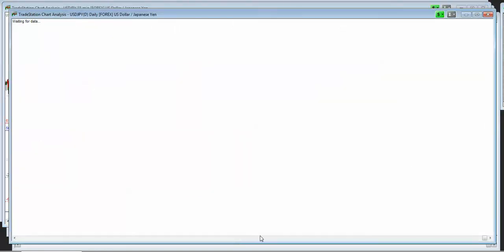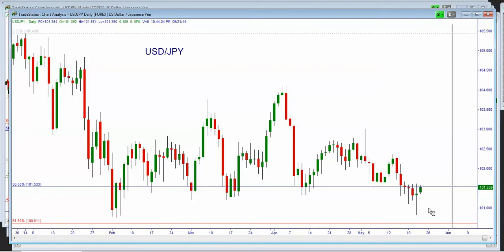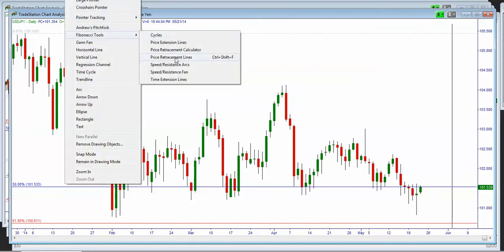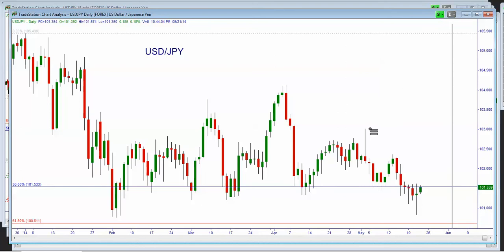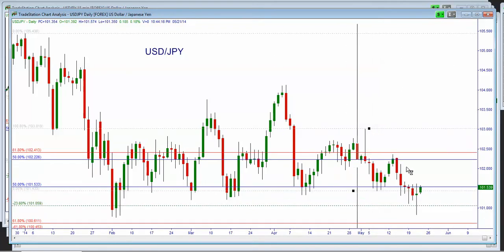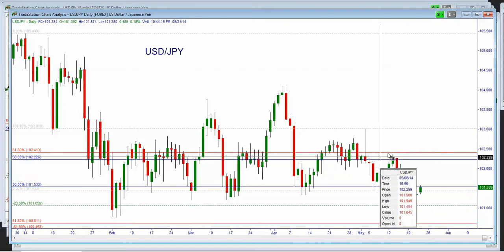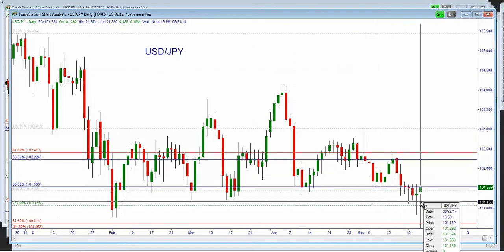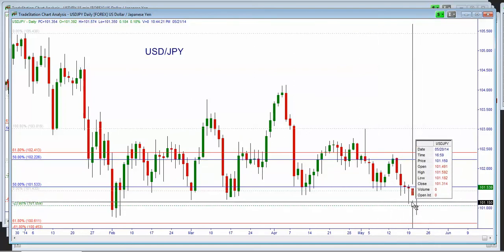Moving to the Japanese majors, you will remember that for the US dollar versus Japanese yen, we had traced this measured move, which found participation in the middle last week and brought price into the first target here.